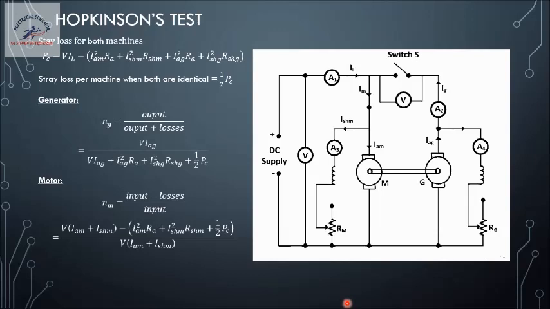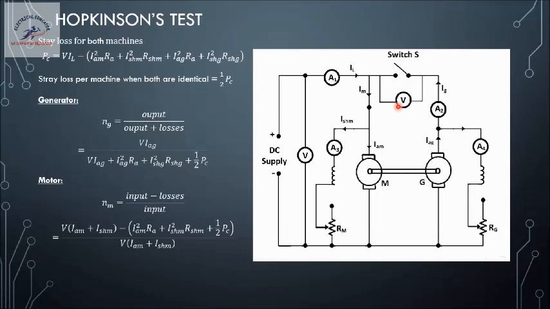So now let us get back to our original doubt, that is, if we switch off the supply, will the machine run on its own? The answer is no. Eventually it will come to rest after some time. Why?